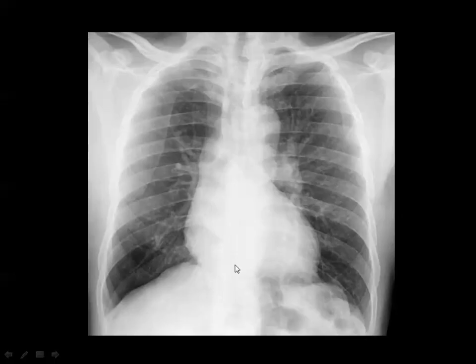And here, the affected side is the right one. This is the normal pulmonary artery with normal branches, and this is the small pulmonary artery with scanty branches.